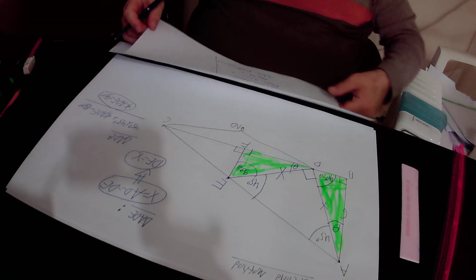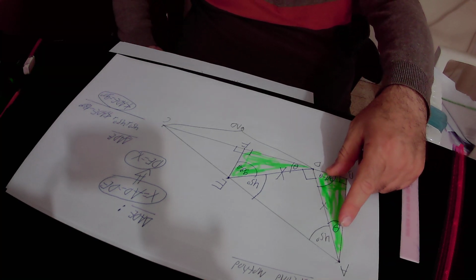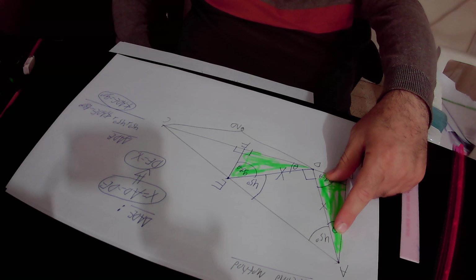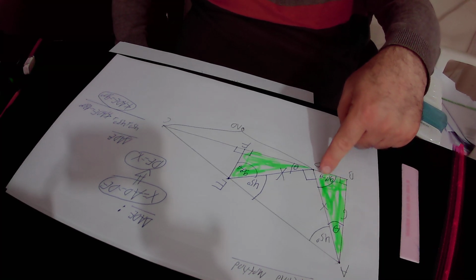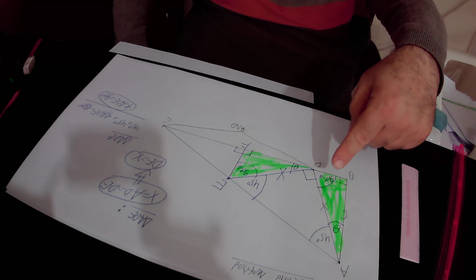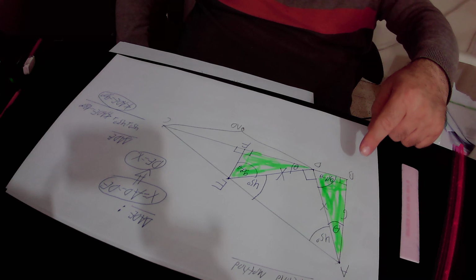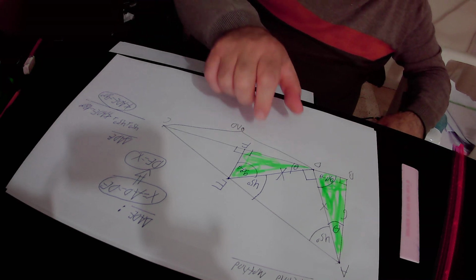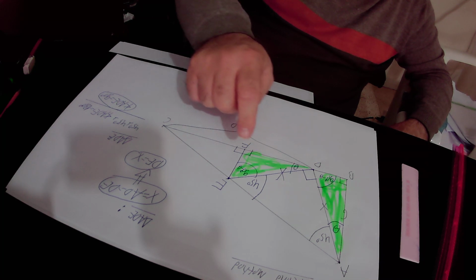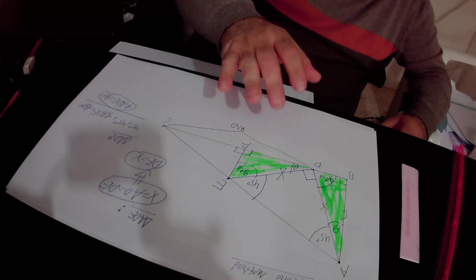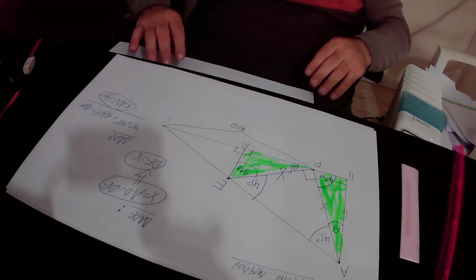Why? Because we proved that those two angles and the side included between those two angles, that is to say AD, in the right triangle ABD, are congruent to those two angles and the side included between them in triangle DEF. Therefore, we proved that those two triangles are congruent to each other according to the angle side angle rule.